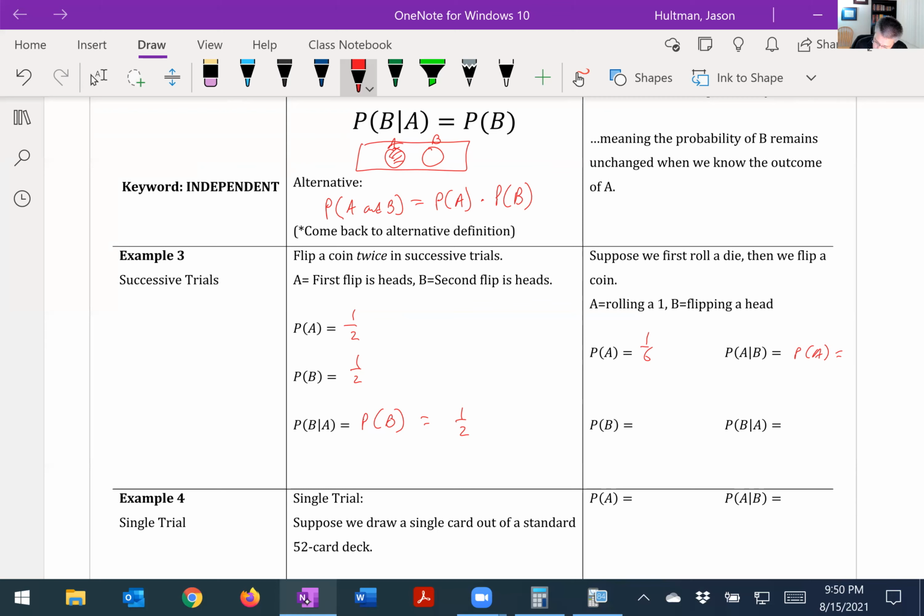So this is just the probability of A, which is 1/6. Probability of B, flipping a head, that's 1/2. Probability of B given A is just going to be the probability of B again, which is 1/2.